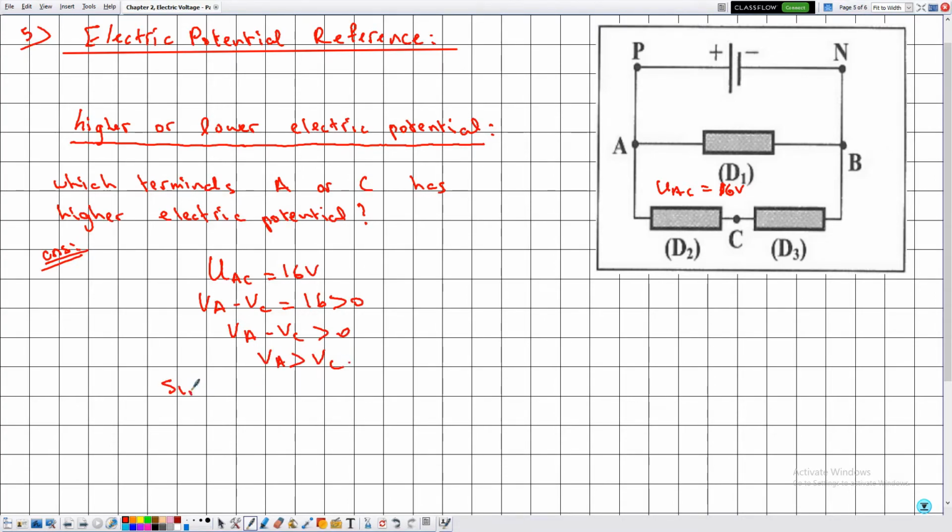Now since VA is greater than VC, the terminal A has a higher electric potential.